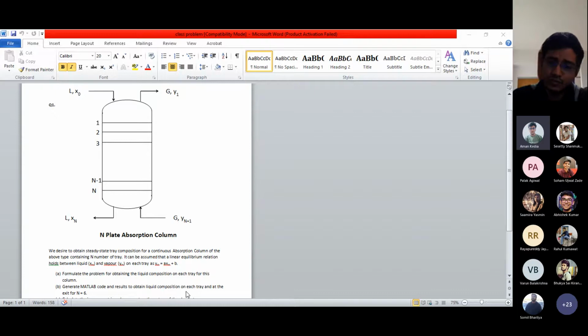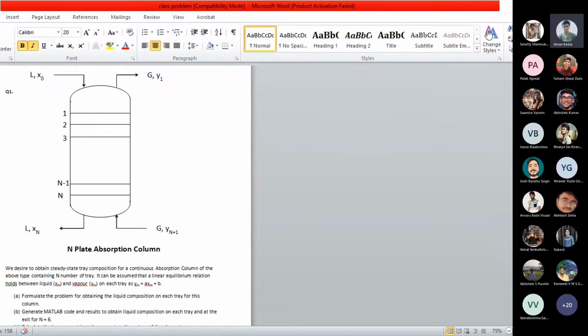So do it. I'll just show the formulation part, but I wanted you to do it now. I don't know how many of you have tried, but you can expect that similar cases will appear for this kind of problem, not only the absorber but also the extraction column, the staged extraction column.